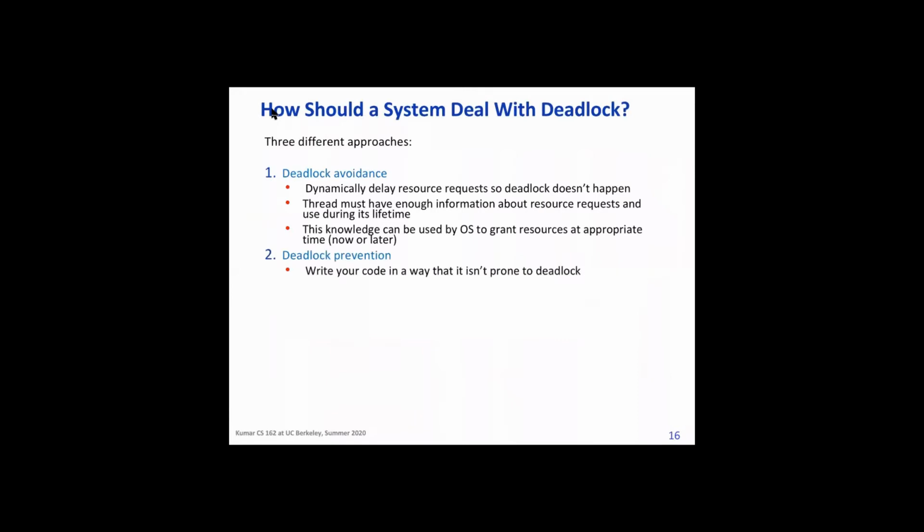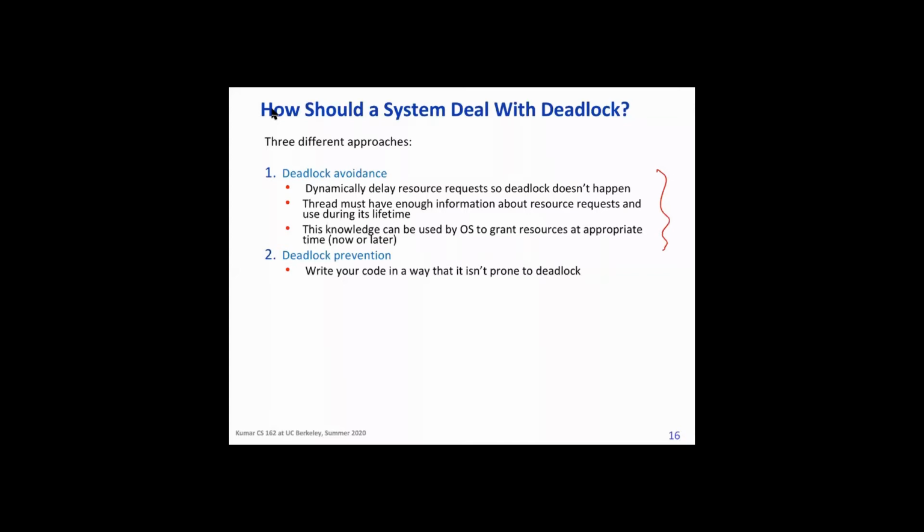First is avoid. Second is avoidance, that right in the beginning you should know what your needs are, and if the system, by requesting more resources, is going into a deadlock state, avoid that.